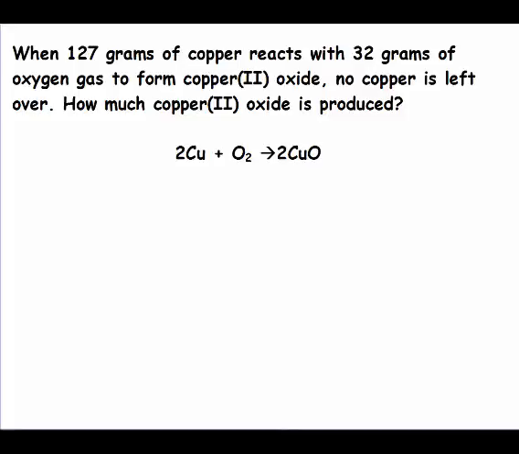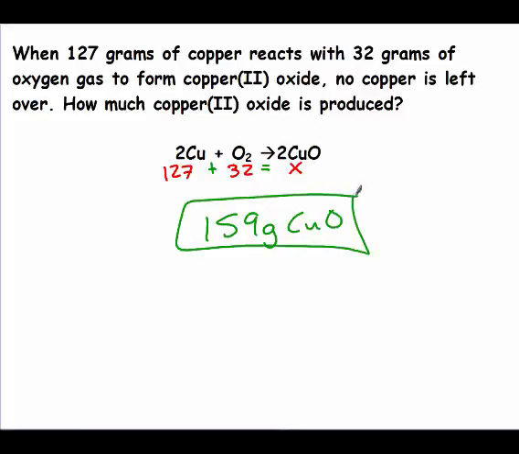So if we don't have any of our reactants left over, then we can just say 127, this one's 32, and this is X. Bring down your plus sign, bring down your equal sign, and solve for X. So that would be 159 grams. The coefficients will not make a difference. You're just adding and subtracting. In this case, we just needed to add.